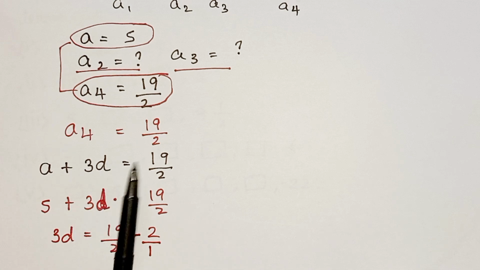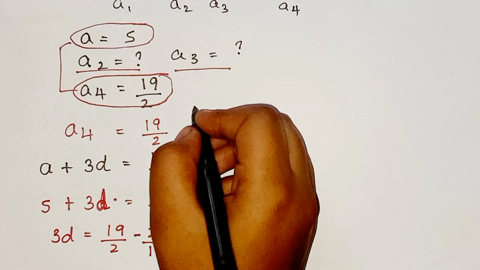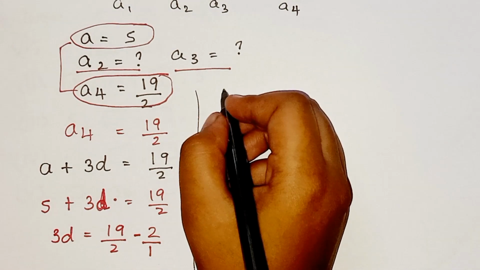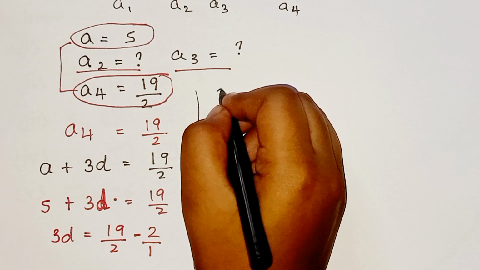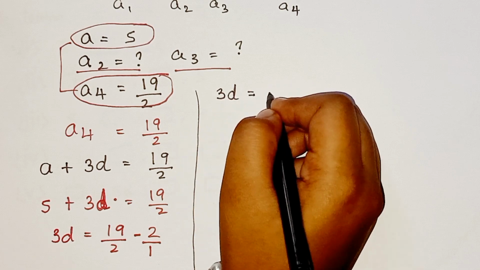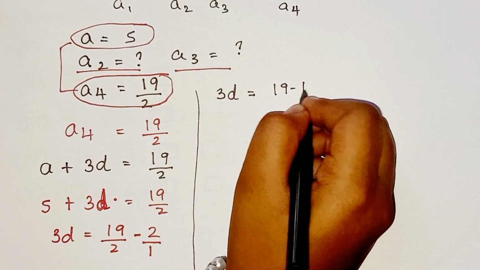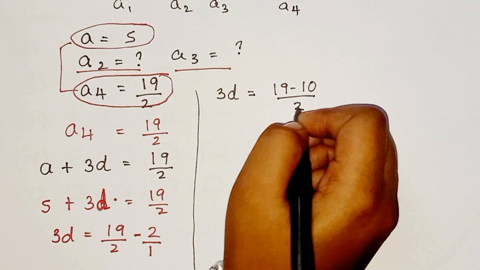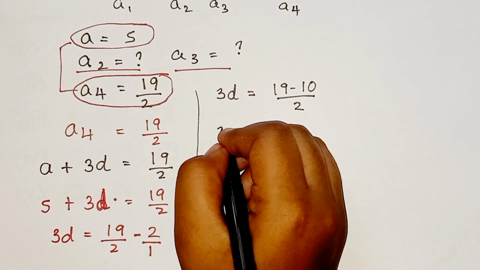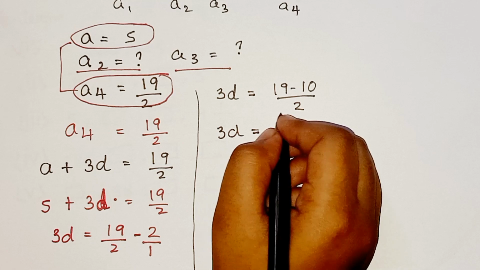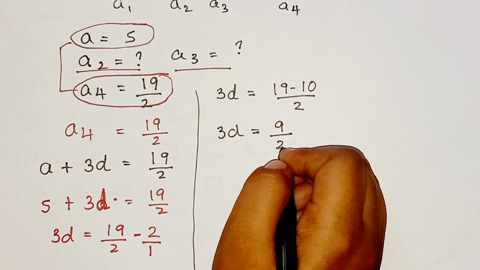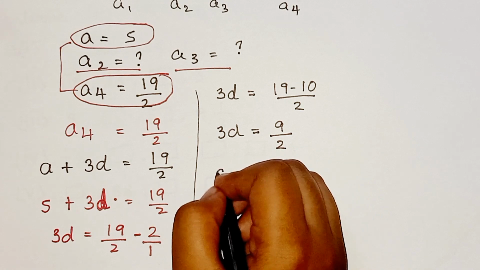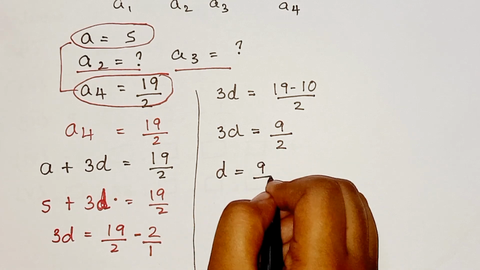When we take LCM, we'll get 3D is equal to 19 minus 10 divided by 2. So 3D is equal to 19 minus 10 is 9 divided by 2.